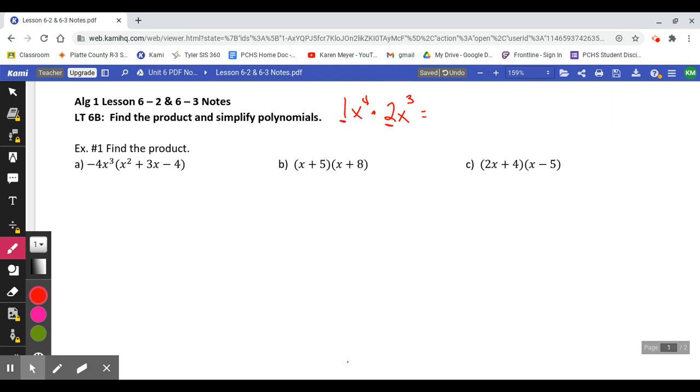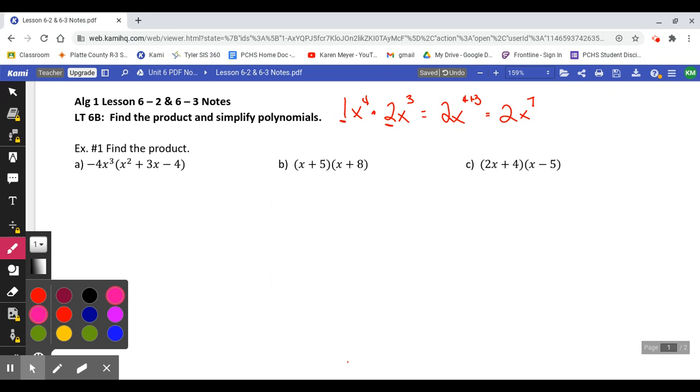So 1 times 2 is 2. And then when you're multiplying, don't forget that you add your exponents. So 4 plus 3 would give me 2x to the 7th. So you do have to remember, since we're multiplying, your exponent rule says when you multiply, you add the exponents. So anyway, let's just jump in with our first example.